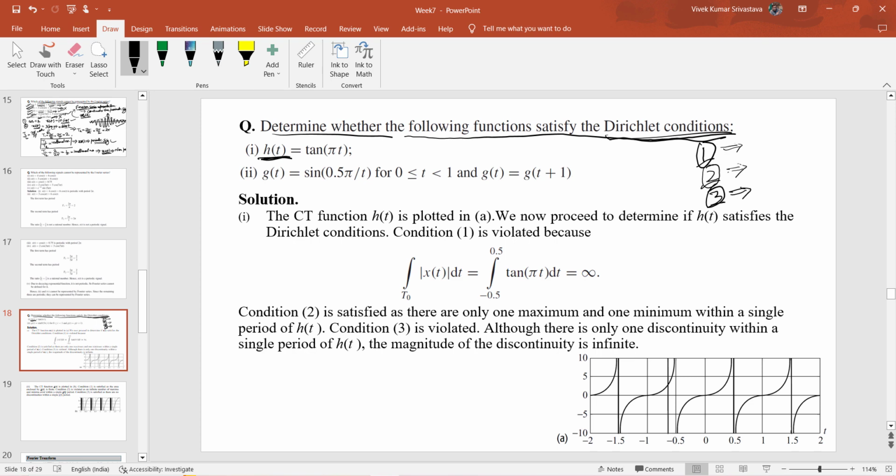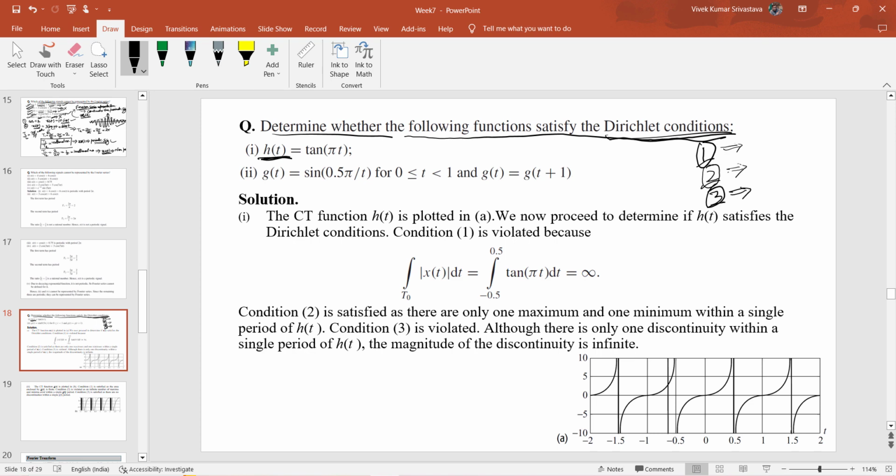But these conditions are sufficient conditions, not necessary conditions. So for some signals the Fourier series exists even though these conditions are not satisfied. That's why these conditions are sufficient and not necessary.